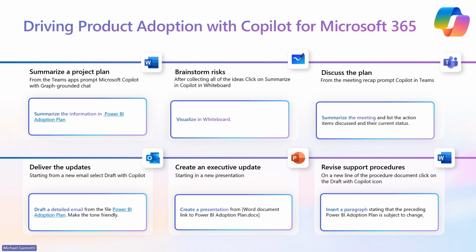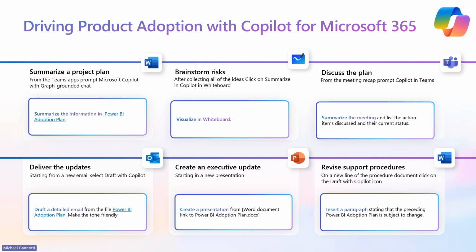So we're going to take a look at how to grab a summary of that. We're then going to take that summary and actually build out a visualization for a meeting right within a whiteboard. And then from there, we're going to go into looking at an actual meeting around our project effort and pulling back information, et cetera.